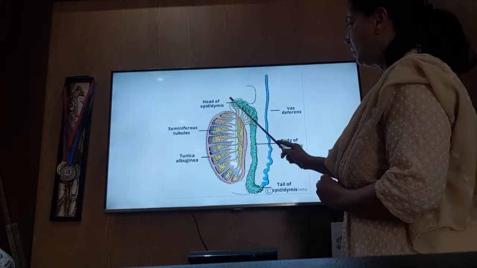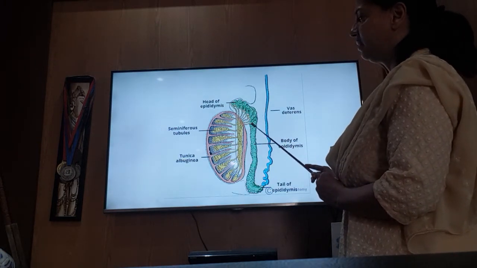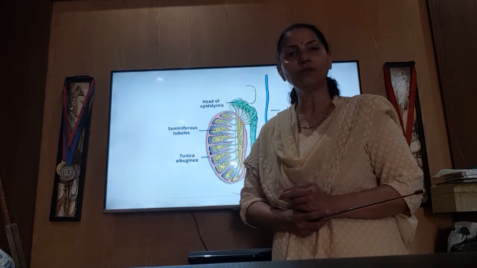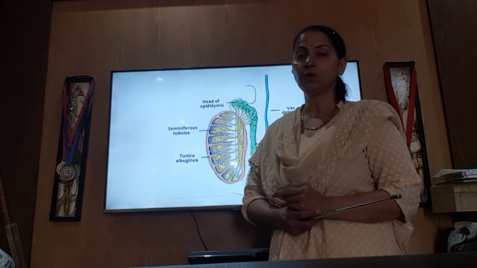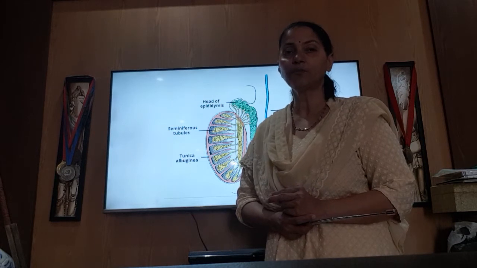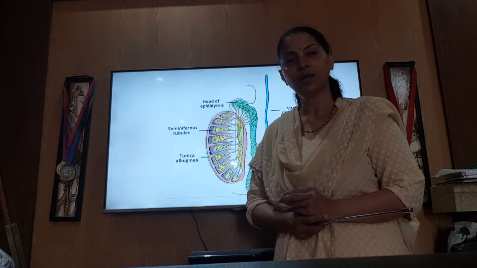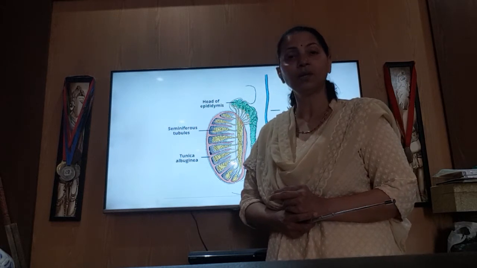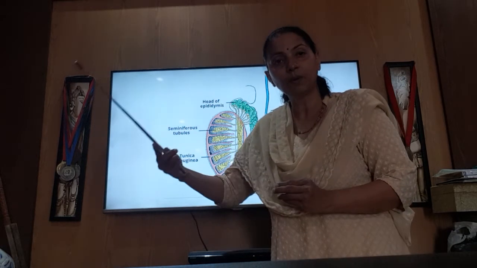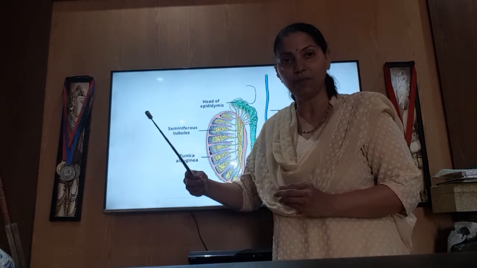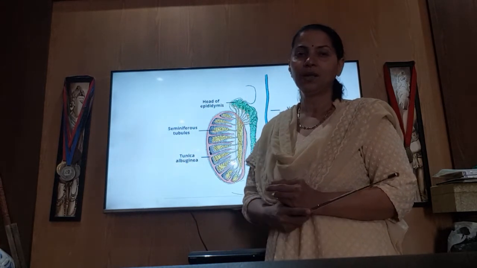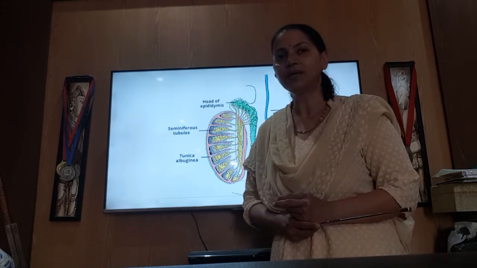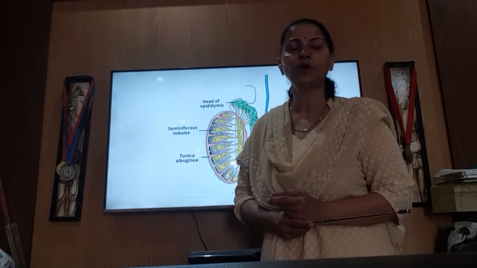Nerves, sympathetic nerves which were supplying these organs, will also be contents of spermatic cord. Now we should know what are the coverings of spermatic cord. There are three coverings: we call it spermatic fascia, outer spermatic fascia, middle and inner. This fascia is developed from nothing but the fascias of abdominal muscles.